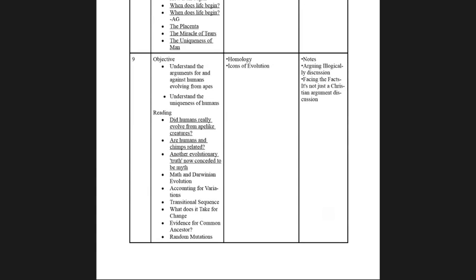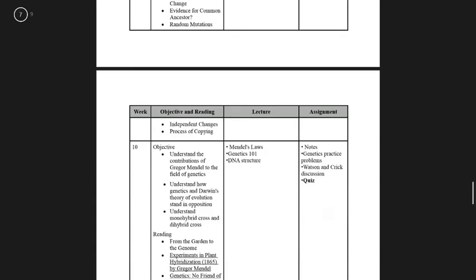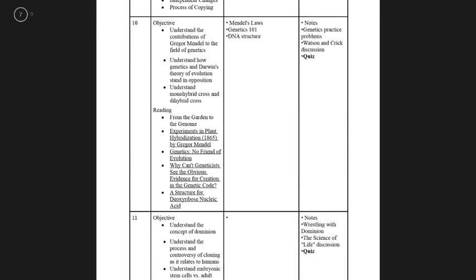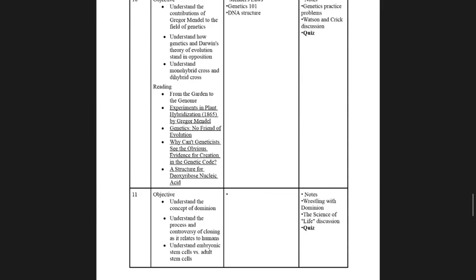So we'll be discussing those issues. Week 10, again, more about genetics and inheritance, those kinds of things, talking about DNA and cell replication and passing traits on to the next generation.